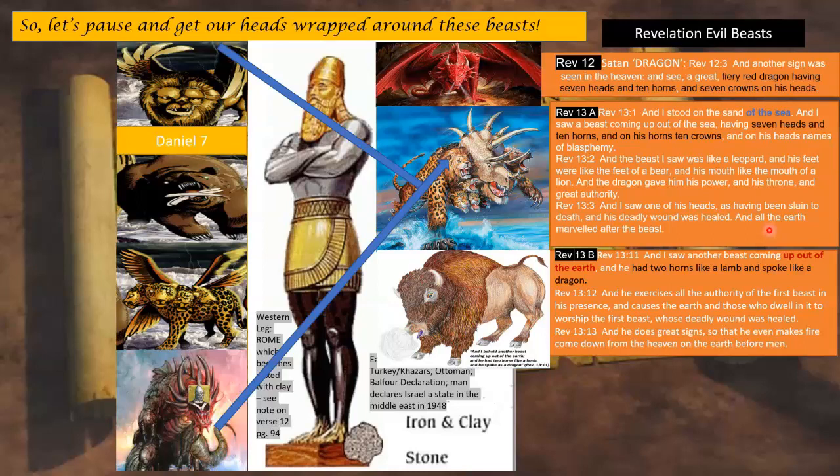And he exercises all the authority of the first beast in his presence and causes the earth and those who dwell in it to worship the first beast, whose deadly wound was healed. And he does great signs, so that he even makes fire come down from the heaven on the earth before men. So he will probably deceive many.